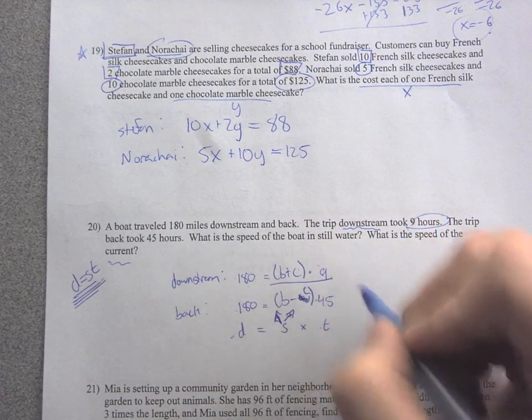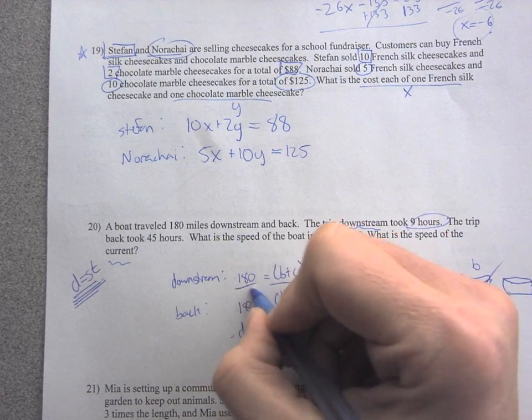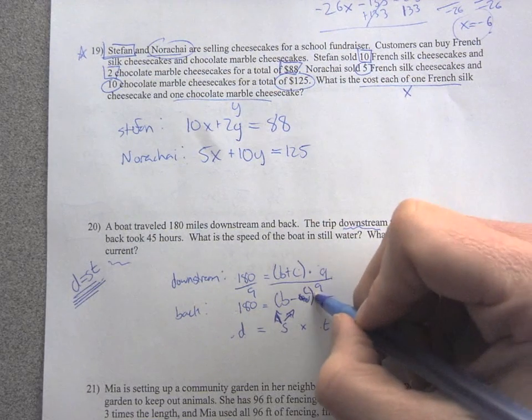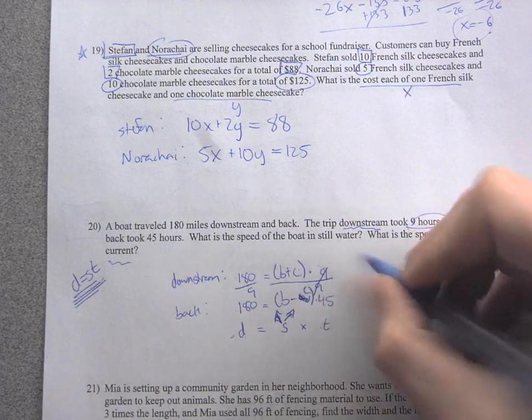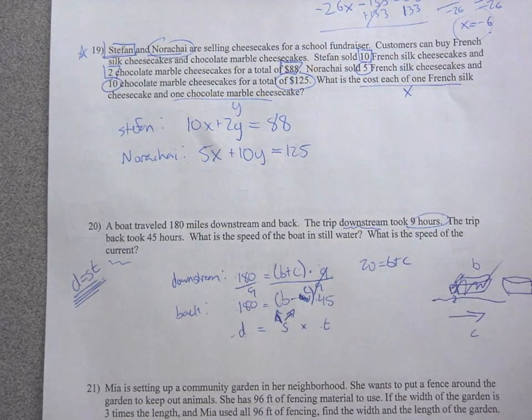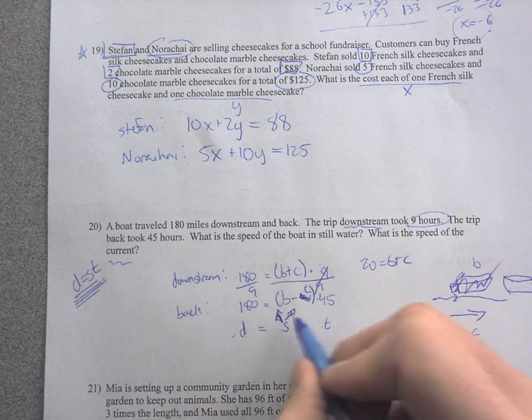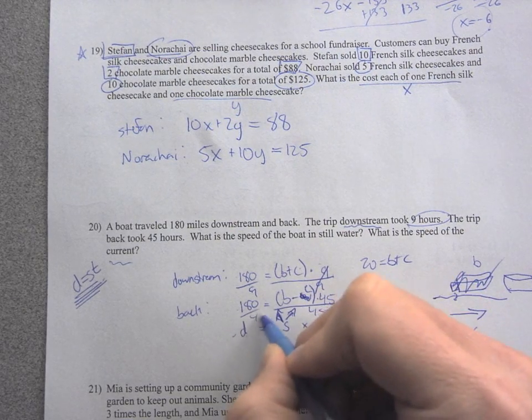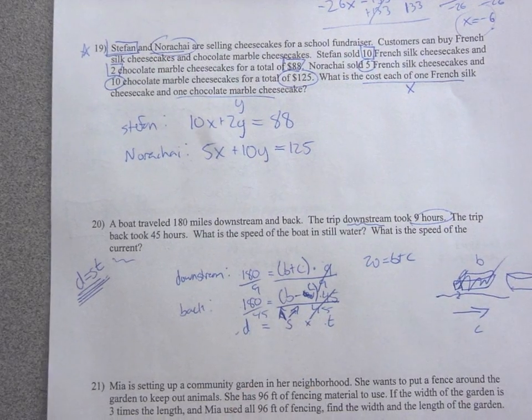It's much easier in this scenario to divide the top equation by 9 on both sides. That's going to get this guy canceling, and then that's going to give you 20 over here. So 20 equals b plus c. The boat speed plus the current is 20 miles an hour. Okay? Similarly, on the bottom equation, if I just divide both sides by 45, I get that happening.